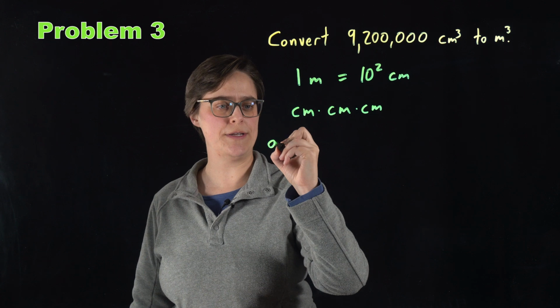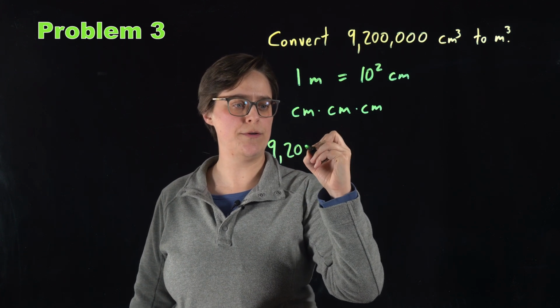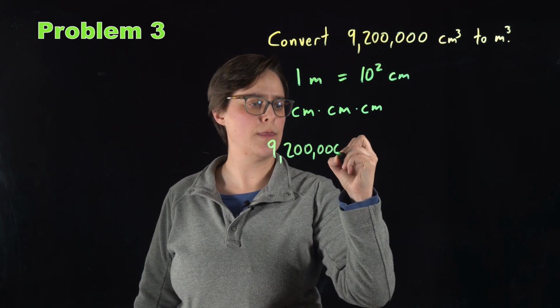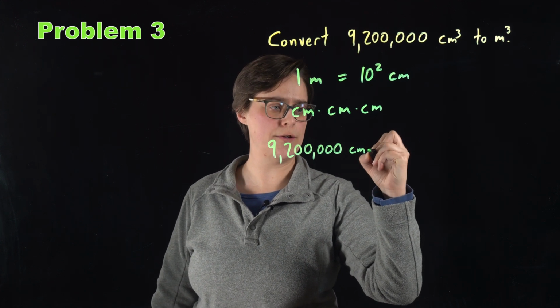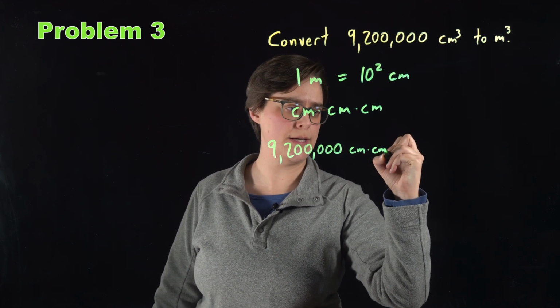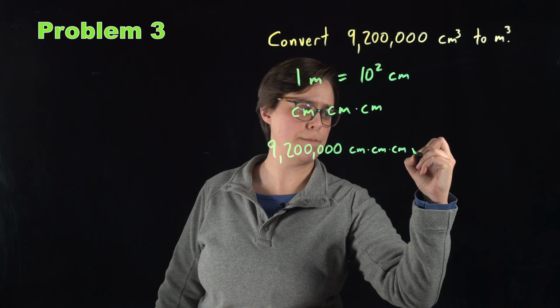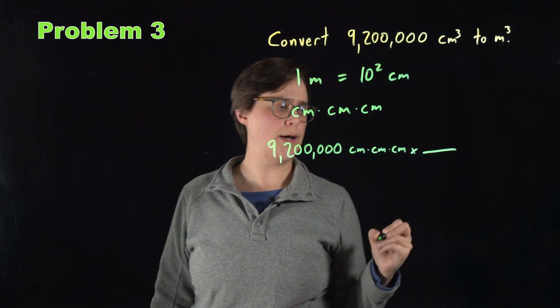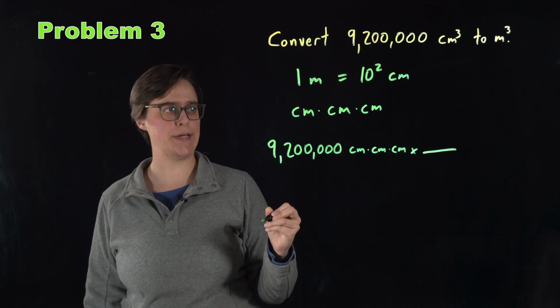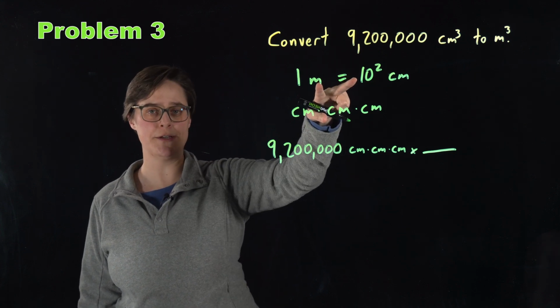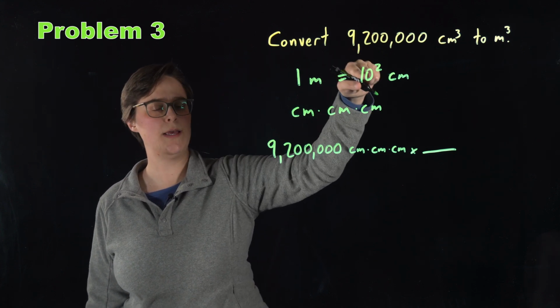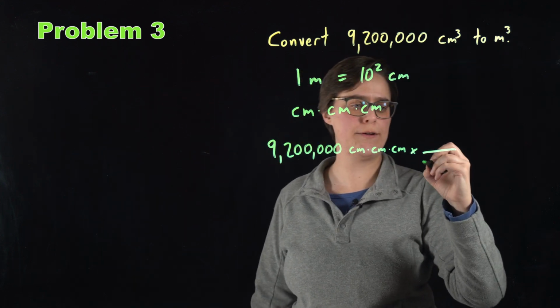So for my equation, 9,200,000 centimeters cubed. So centimeters times centimeters times centimeters. I want centimeters to cancel out, so when I write a fraction based on this equality, I am putting centimeters in the denominator.